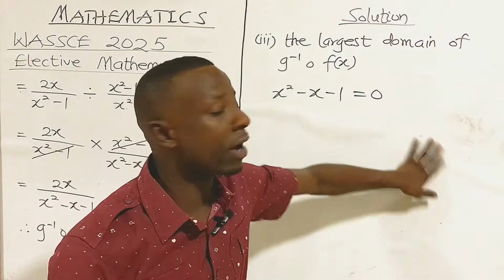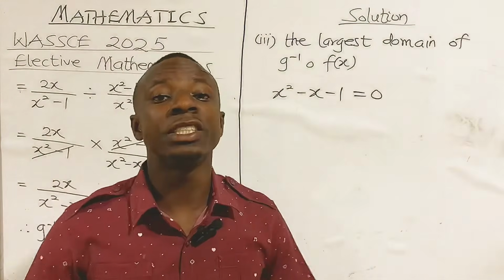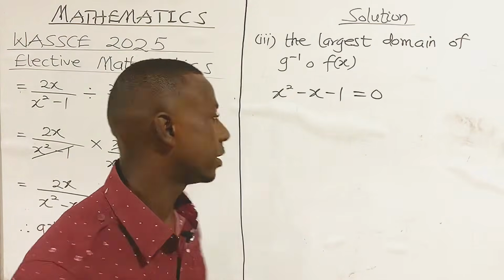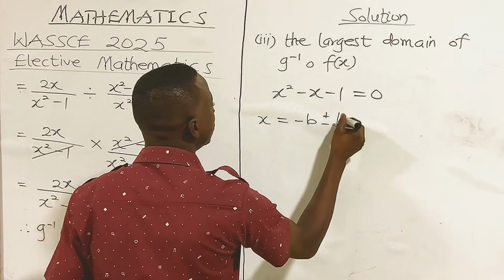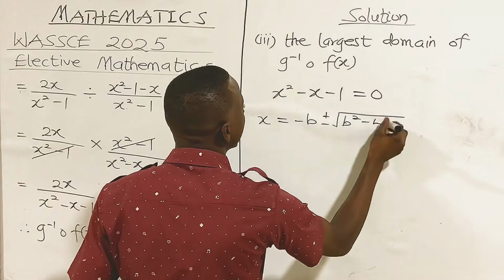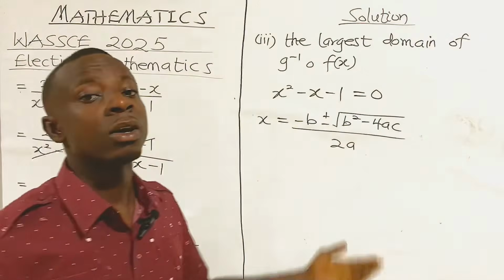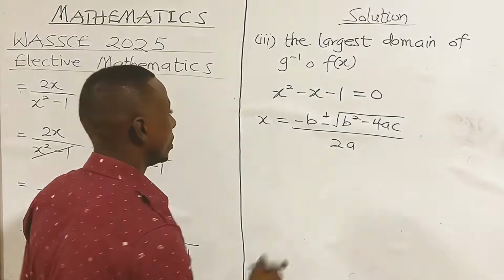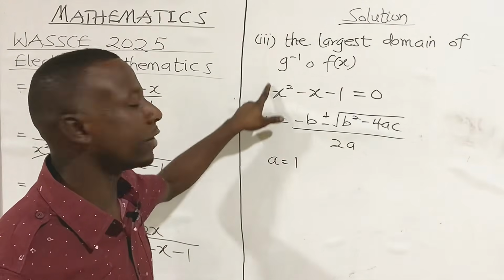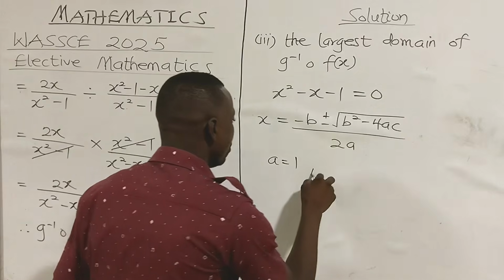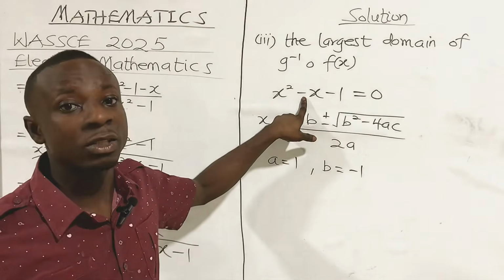Now from here, if you want to find the values of x, then we are going to use the general quadratic formula, which is x is equal to minus b plus or minus root of b squared minus 4ac all over 2a. So from here, a is equal to 1 because a is the coefficient of x squared. b is equal to negative 1, the coefficient of x.